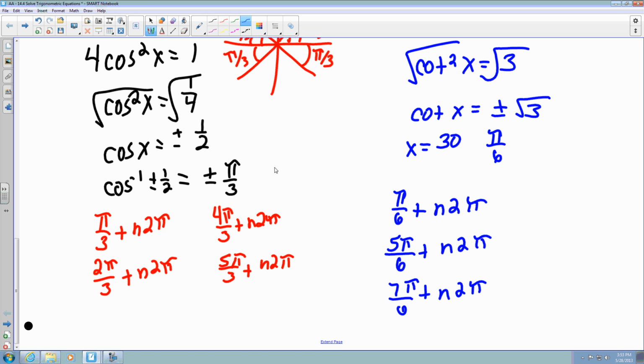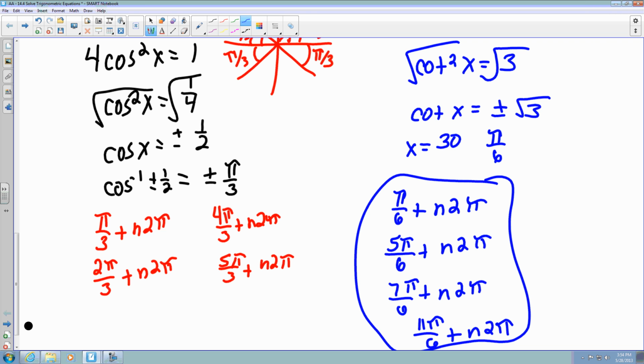And then the last one's going to be 11 pi over 6 plus n times 2 pi. So that's what we're looking for when it comes to solutions with either squared or 1 degree trigonometric equations. So if it's 1 degree trigonometric, it's going to have 2 solutions. If it's squared, it's going to have 4. Okay?